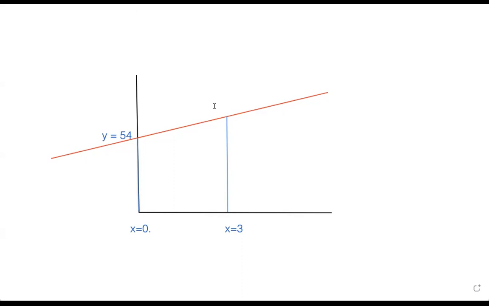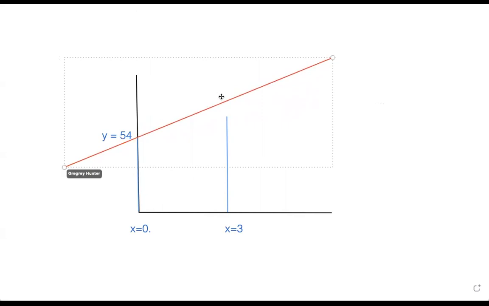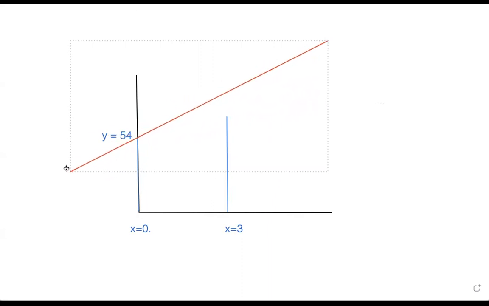And then the corresponding value for X is equal to 3, what did you get? 69. Okay, and so I'm just going to make this slope a little bit steeper, only so I can illustrate the trapezoid better.